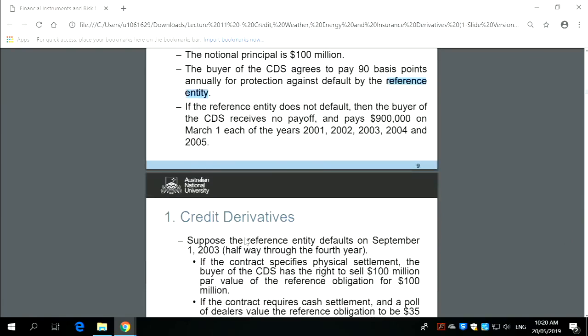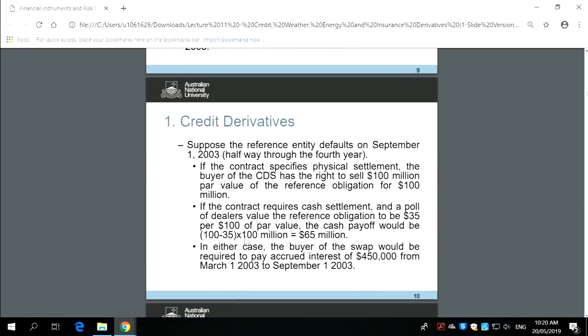Okay? So that was the question. And then the example says, suppose that the reference entity defaulted on 1st September year 2003, which is halfway through the 4th year. If the contract specifies physical settlement, then what happens? If the contract specifies cash settlement, then what happens?